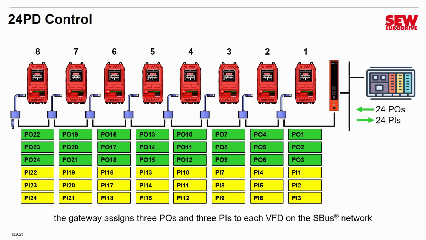So you can see working with the gateway is kind of like working with one big chunk of POs and PIs, but this is how it divides them up. And by the way, this is the reason you're limited to only 8 VFDs on a gateway, because you can only send 24 POs and PIs. This is how it works. So that's just a little heads up if you're using a gateway.